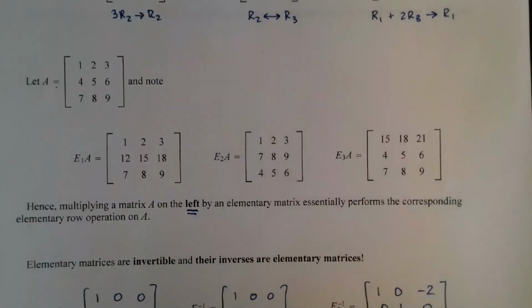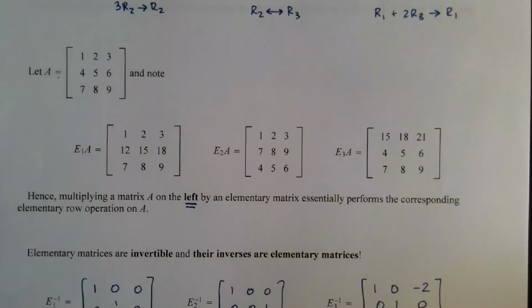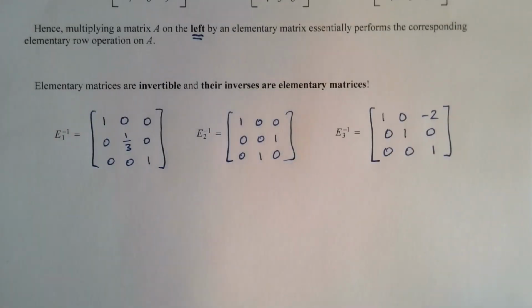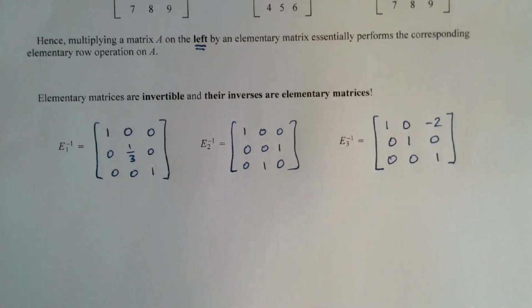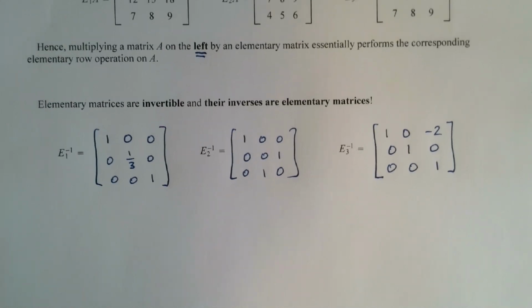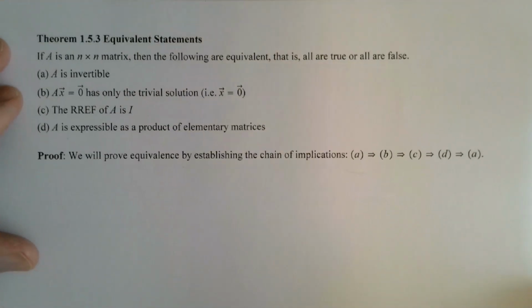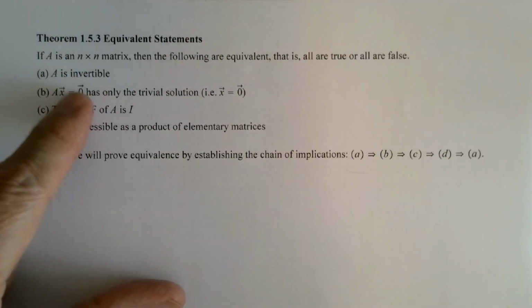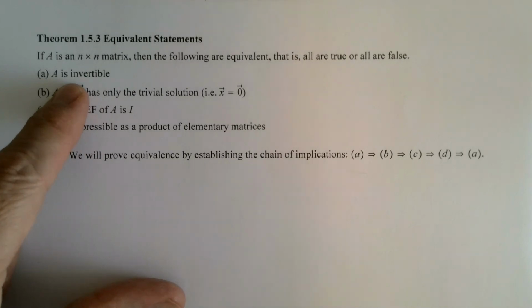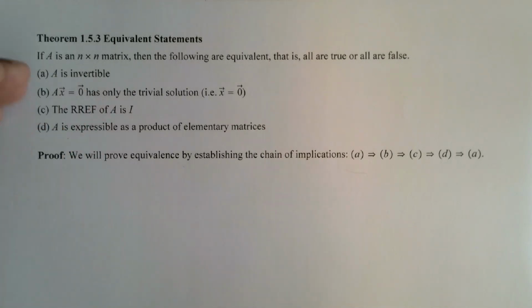Okay, I'm going to stop the video here as an introduction to elementary matrices. We're going to use these in the next video to prove a very important theorem, a list of statements that are essentially equivalent to a matrix being invertible. This will be our big theorem that we'll work on and build throughout the semester.